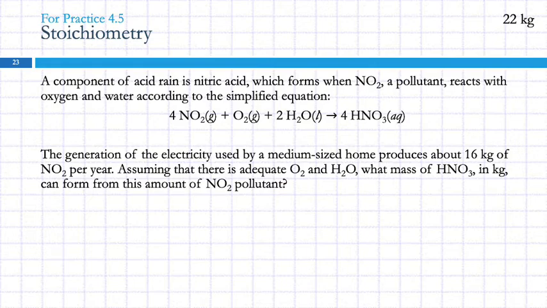It's really bad on marble statues and concrete and trees, and it makes the rivers acidic. It's just not good. The generation of the electricity used by a medium-sized home produces about 16 kilograms of NO2 per year. Assuming that there's adequate oxygen and water, what mass of HNO3 in kilograms can form from this amount of NO2 pollutant?